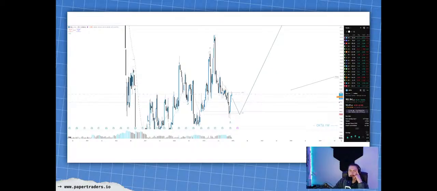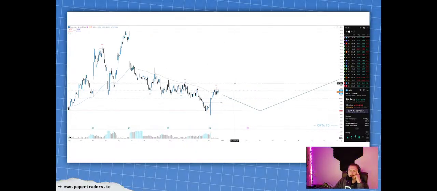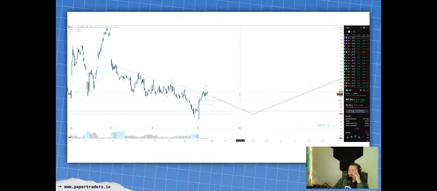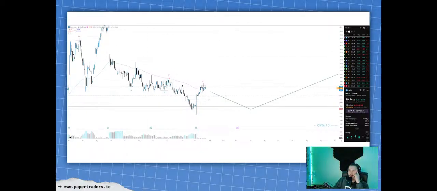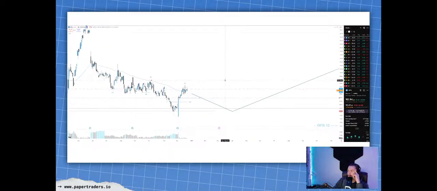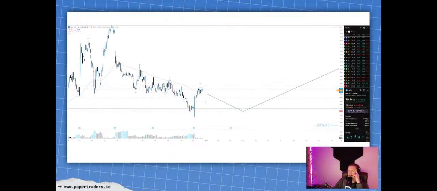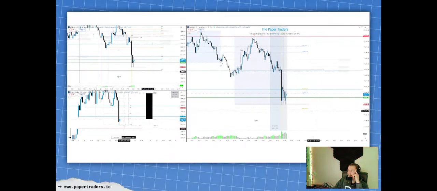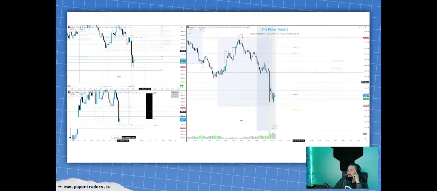So I'm thinking next month is when they can do something, like next quarter. Next quarterly open is when we'll see some movement on her. I'm just not doing anything with it right now. Just waiting for it to open up into next month.